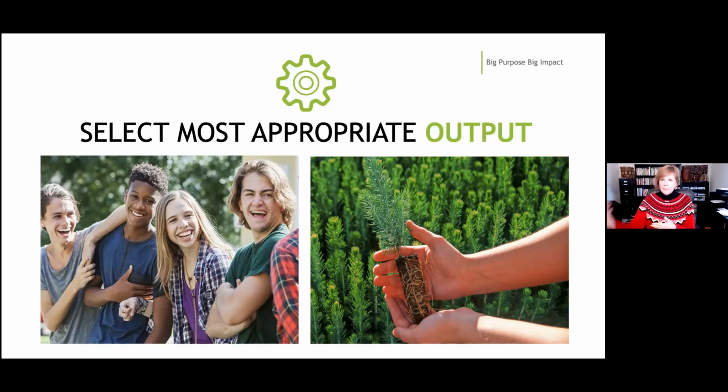You could come up with some other output if it's more relevant, but what you shouldn't do is say, okay, it's how many environmental education sessions are given. What you want to back out of that is, okay, you can track that, but that's not your output.